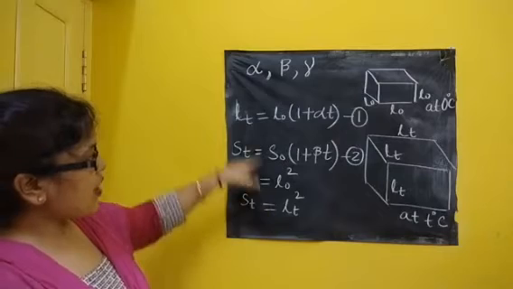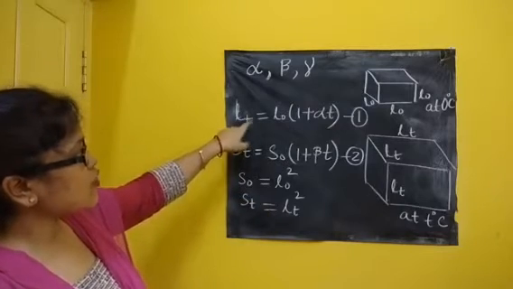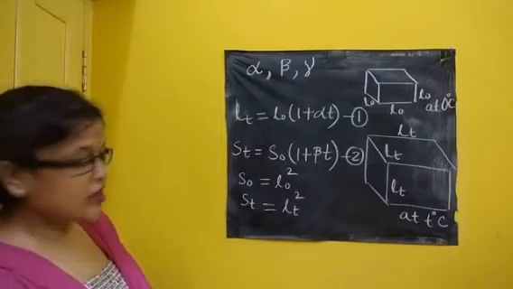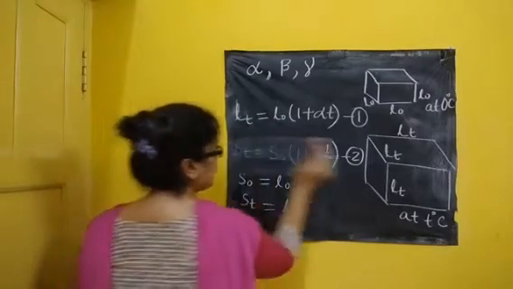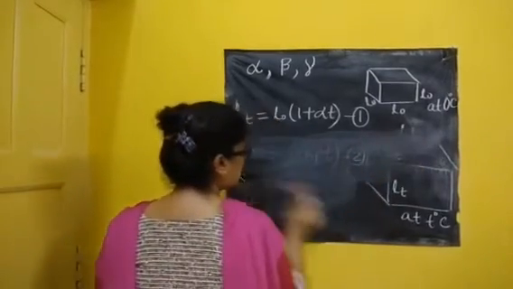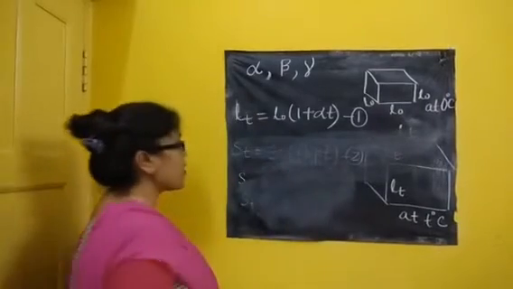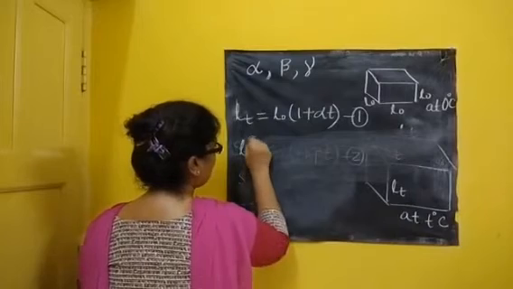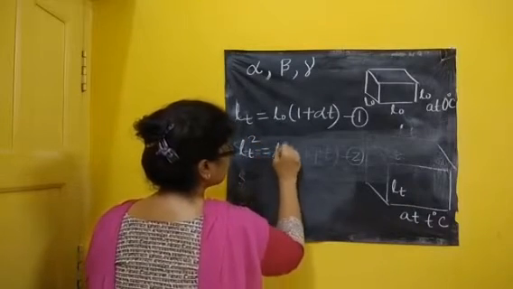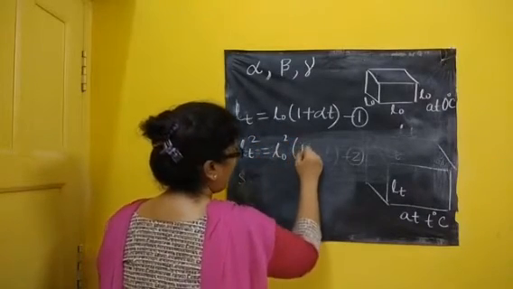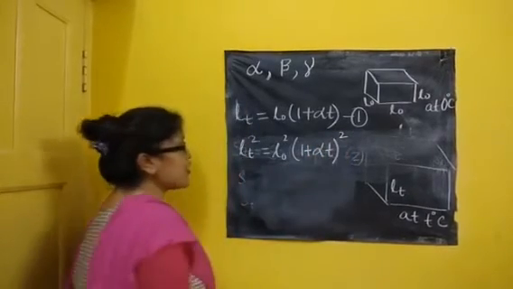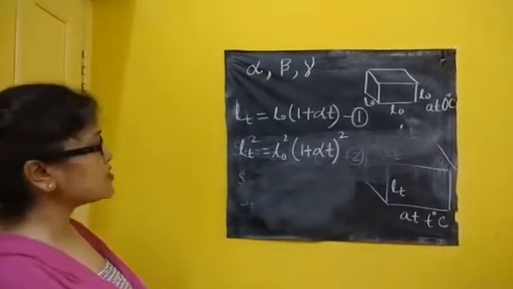Squaring both sides, I will get LT square equal to L0 square into (1 plus alpha t) whole square.